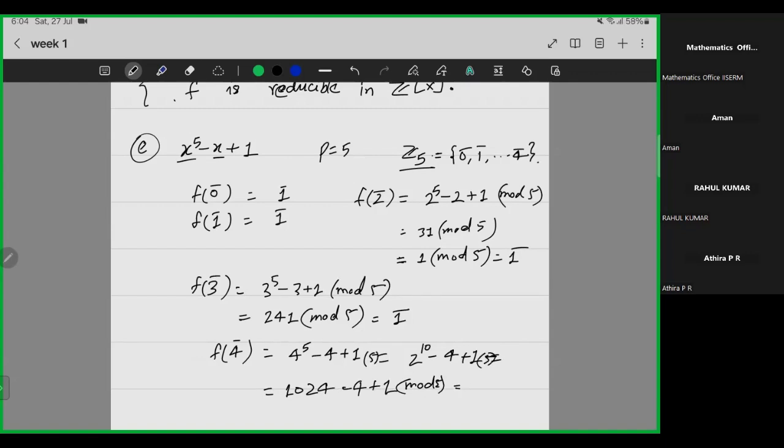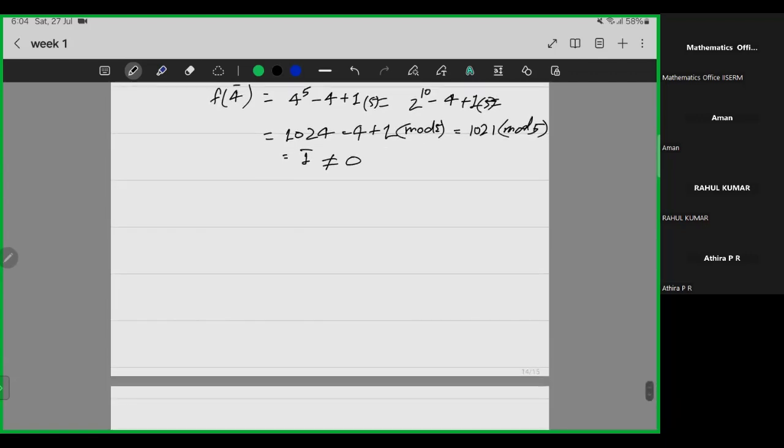So this is nothing but 1021 mod 5. And this is 1 bar, which is not equal to 0. None of them is a root. So f(x) can be factored as g(x) times h(x). The only possibility left, because no linear factor will appear, is that the degree of g is equal to 3 and the degree of h is equal to 2. Only this kind of factorization can happen.